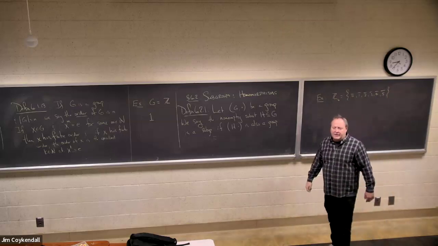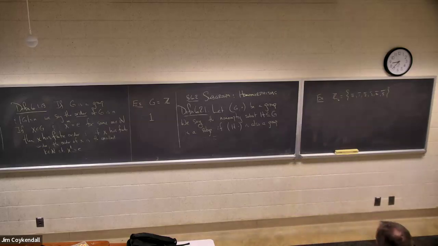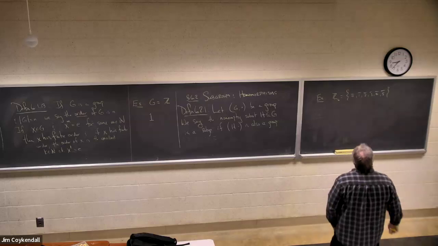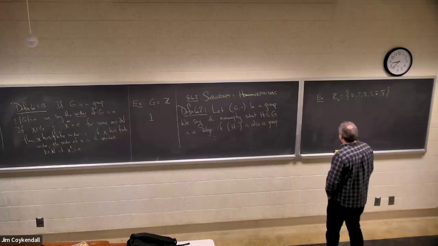Okay, let's look at Z6. So I didn't want to do Z18. Let's look at Z6. This is addition, this time mod 6, right? So 4 plus 4 is 2. Let's see if we can find all the subgroups.